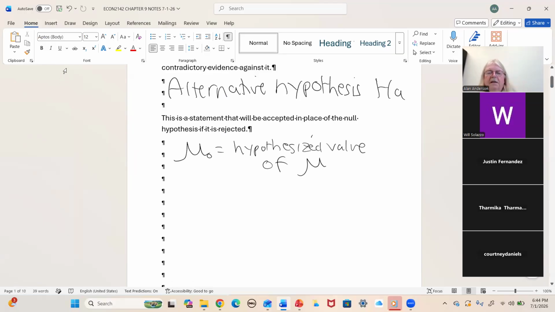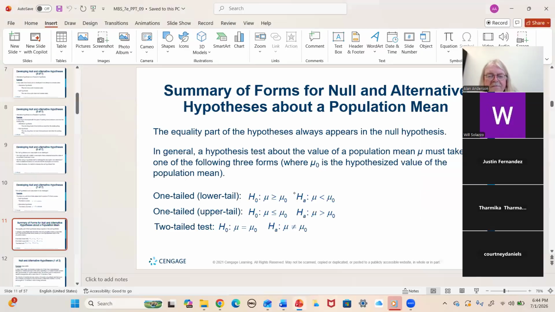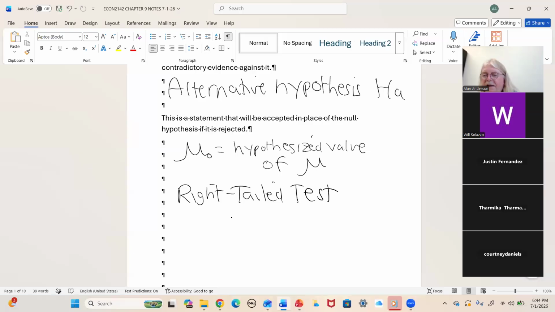Now, we can structure our hypothesis test in three different ways. We can construct what's called a right-tailed test, which means, oh, by the way, this is something I run into all the time. They call it an upper tail test. I like to think of it as a right tail test. So I'm probably going to accidentally call it that every time.